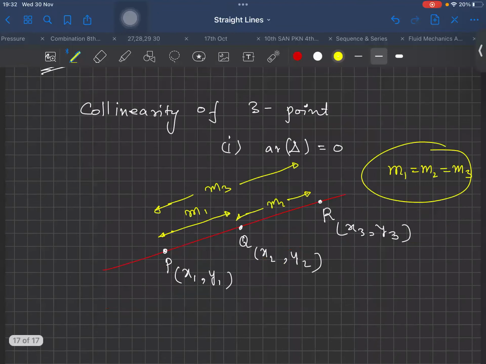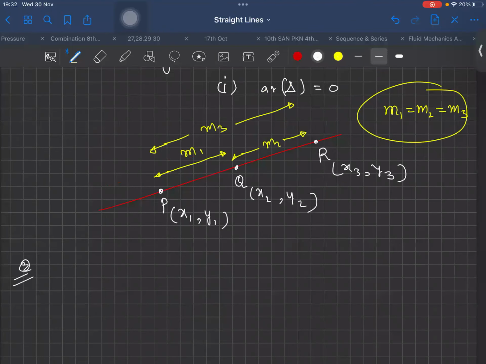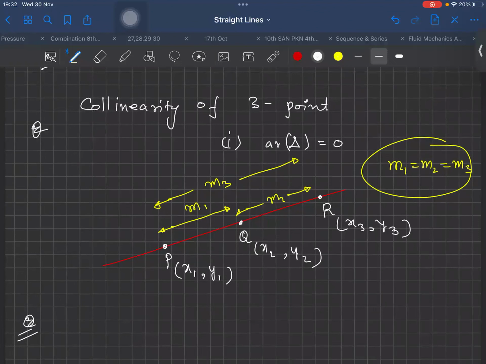Write down one question here itself. Now 3 points are collinear in this question only. If 3 points are collinear, okay, and the points are given to you x1 y1 x2 y2 x3 y3, right?